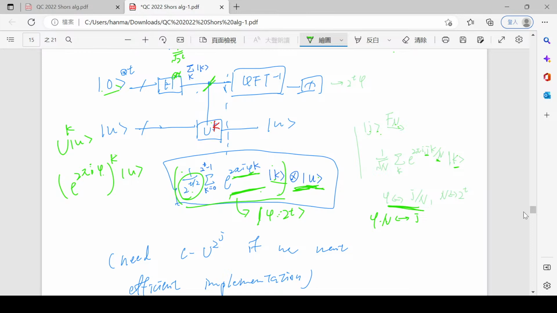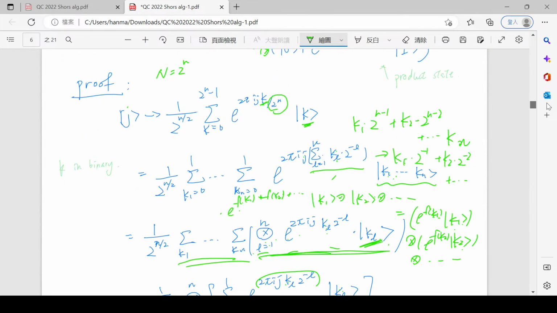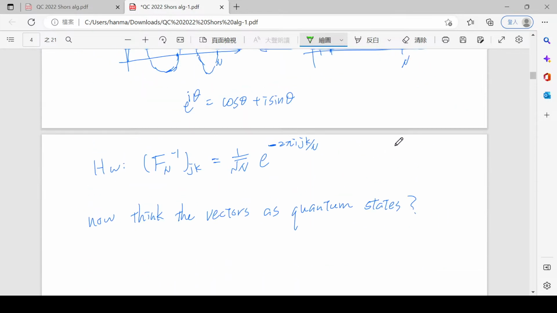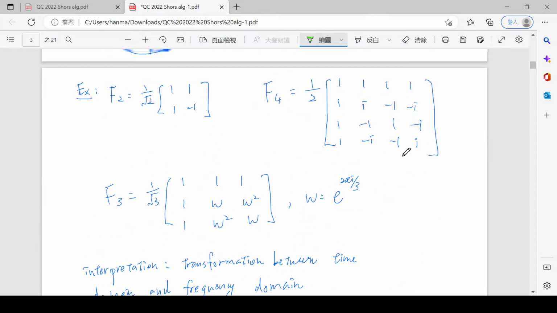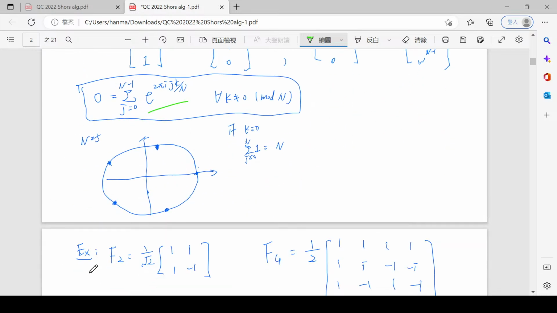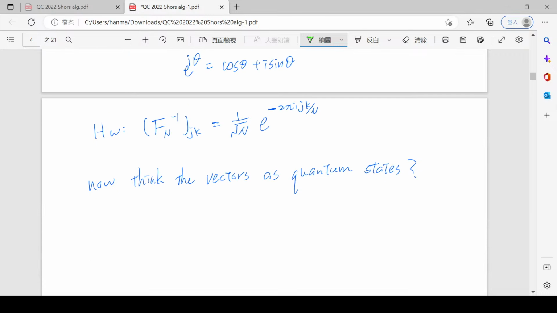I forgot to do review. Remember, when you do all those Fourier transform things, an important identity is this. When you sum over j of e to the 2 pi i jk over n, this will be 0 when k is not equal to 0 because of the circle cancellation.